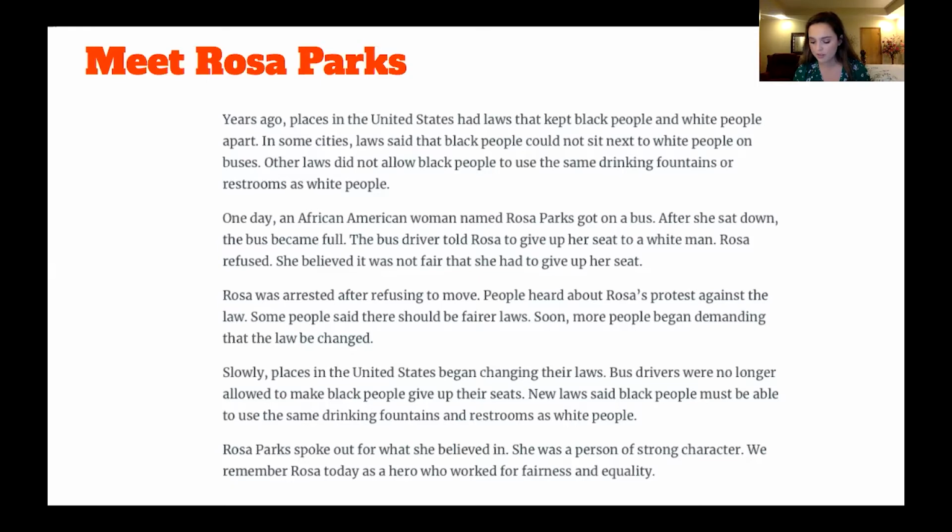The reason why I chose Rosa Parks as my main idea is because, yes, this text does tell us so much more than just about who Rosa Parks was. It tells us about laws and kind of what was happening in the time that she was alive.